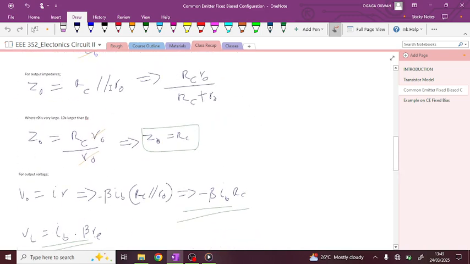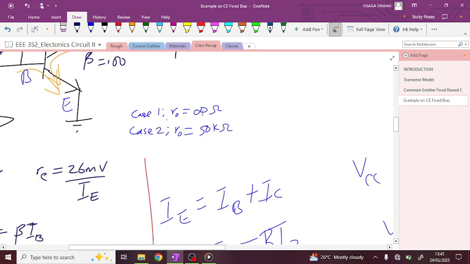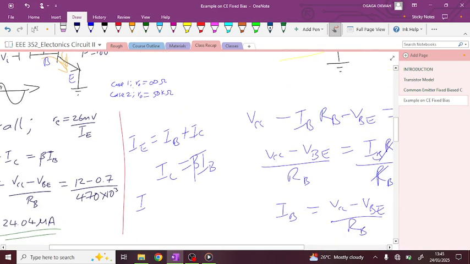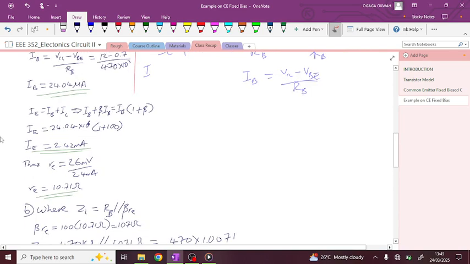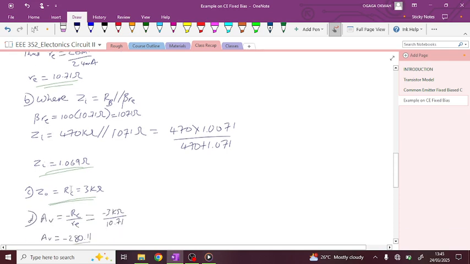We said where RO is very large, 10 times larger than RC, and of course that's the case we have here in case 1. Case 1, RO equals infinity, so it's very large. That means what we will just have is RC. So you see why in this case 1 we just say ZO equals RC. Okay, so that's for that.